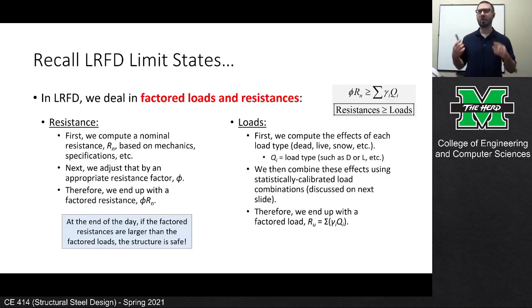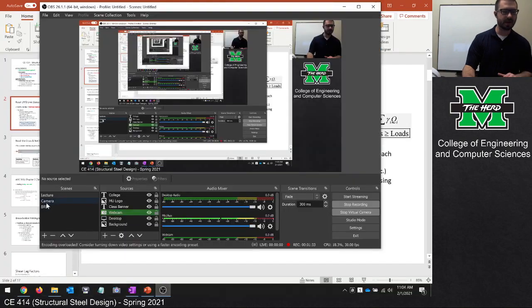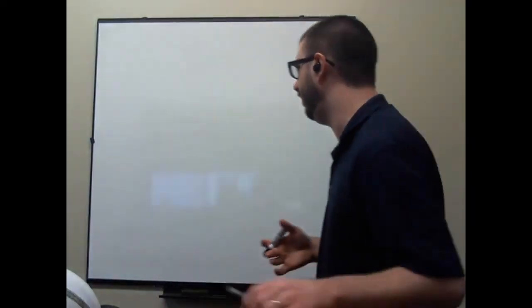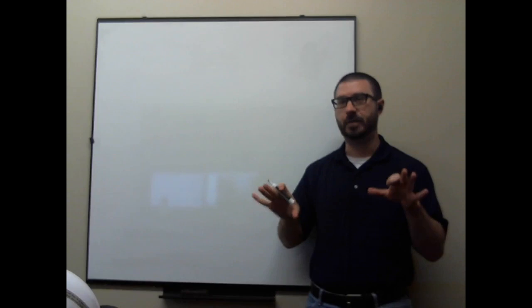In fact, that's where I want to start to set the stage. So let me go back to one of our first lectures and lay out the basis for what we're doing as structural engineers and as designers.